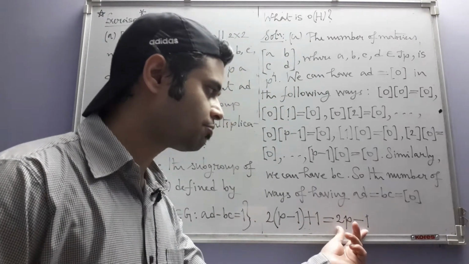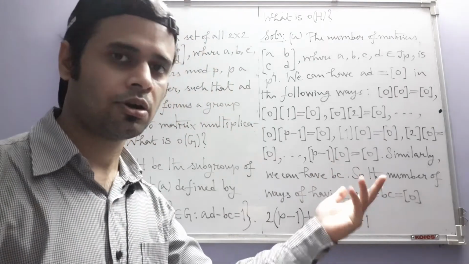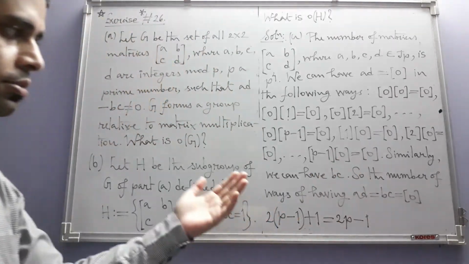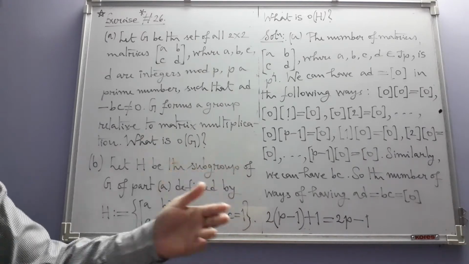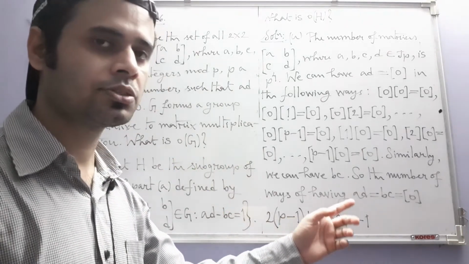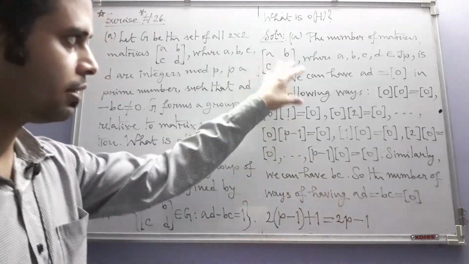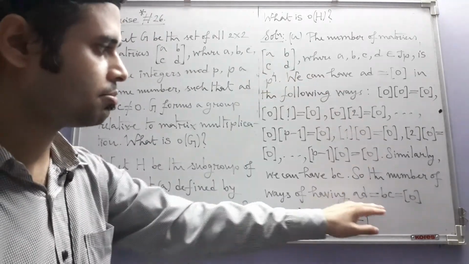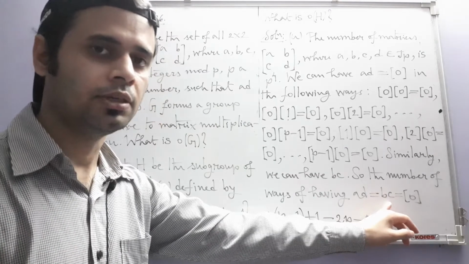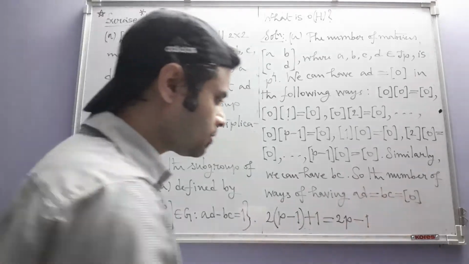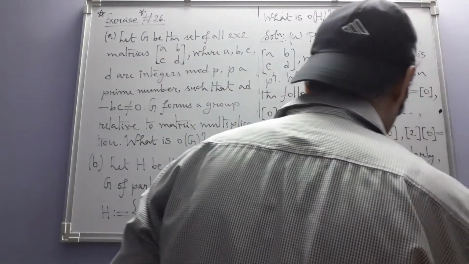This is the number of ways only AD can be 0, or only BC can be 0. So together they can both be 0 in (2P minus 1) squared number of ways, independent of each other. You can choose any one of these possibilities for either of them. So that's why we have to multiply.